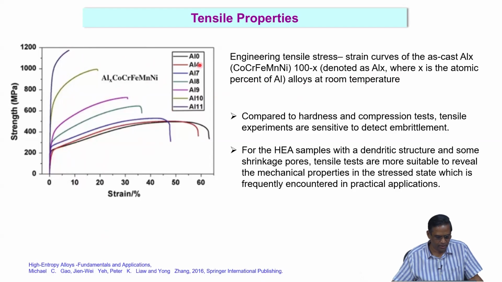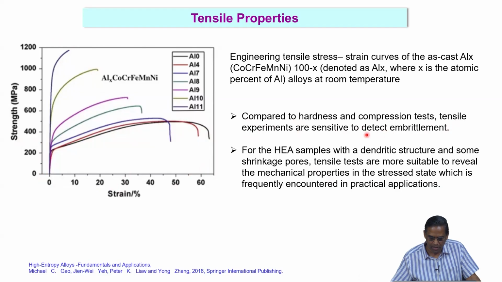But look at the Al 10, aluminum 0, which has a huge elongation, up to 65%, and then you can vary this with alloying additions very nicely. It is similar to what we have looked at in hardness. Hardness and these curves will match, they are complementary.